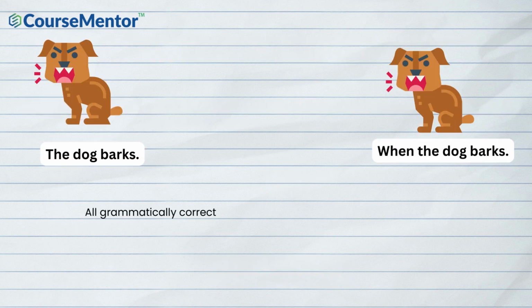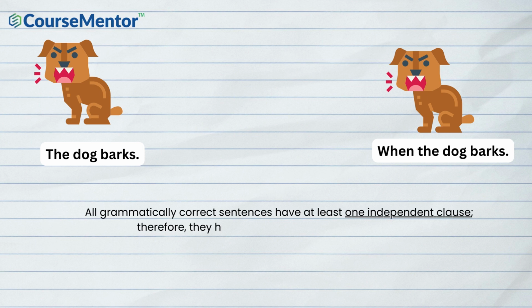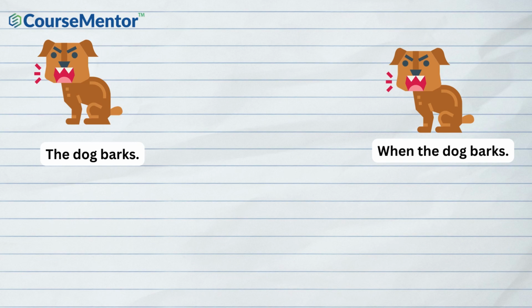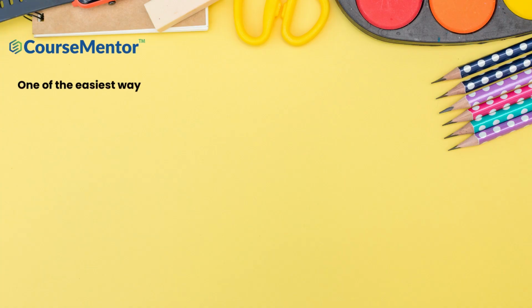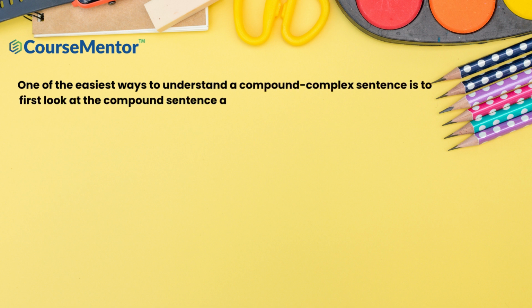As you can see, all grammatically correct sentences have at least one independent clause, therefore, they have at least one subject and one verb. A compound complex sentence combines compound and complex sentences. The compound part has two or more independent clauses. The complex part means that it has at least one incomplete sentence. One of the easiest ways to understand a compound complex sentence is to first look at the compound sentence and the complex sentence separately.